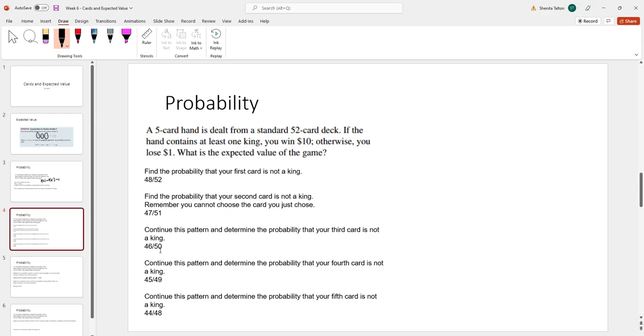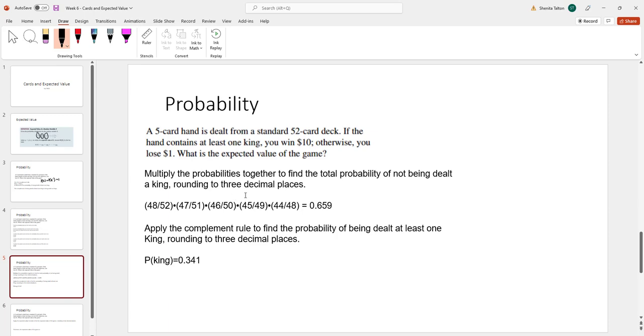So we got each one of these fractions, and what we're going to do is multiply them all together. And that will give us the probability of not being dealt a king. And when you multiply all these together, you get 0.659. Now we're going to use the complement rule to find the probability of being dealt at least one king.